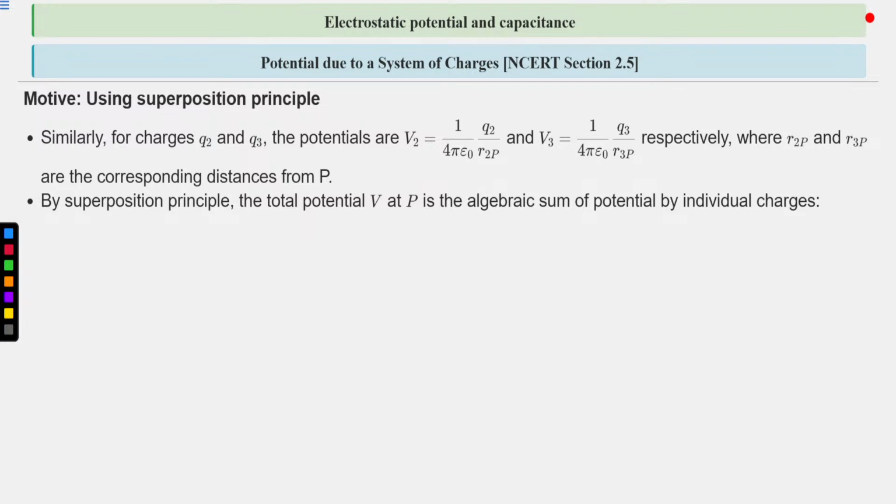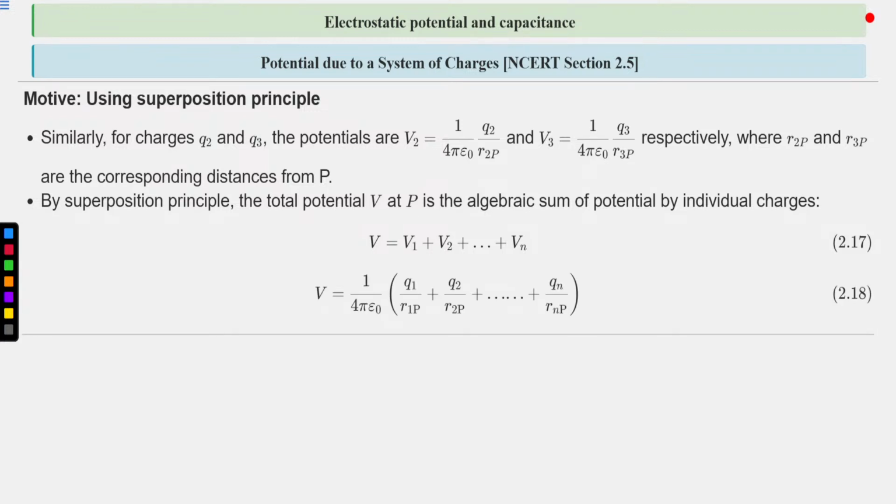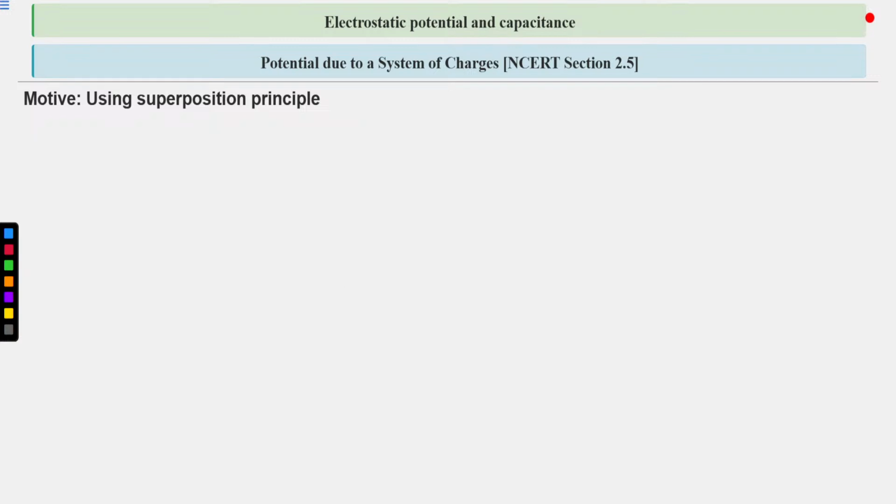Potential is a scalar quantity, so we use the algebraic sum of potentials due to individual charges. V is the sum of all the potentials, V1 plus V2, and so on up to Vn. V equals 1 by 4 pi epsilon naught, Q1 by R1P plus Q2 by R2P plus so on up to Qn by RnP.